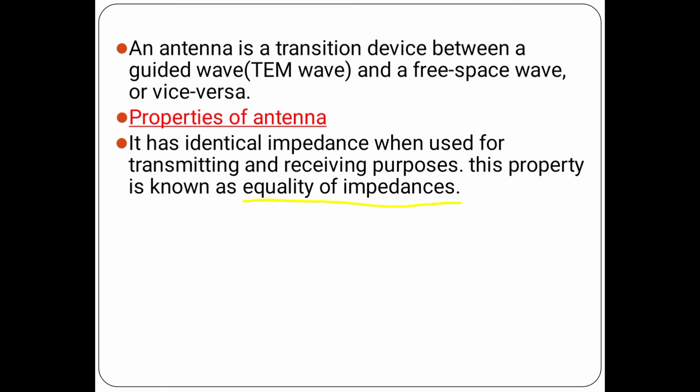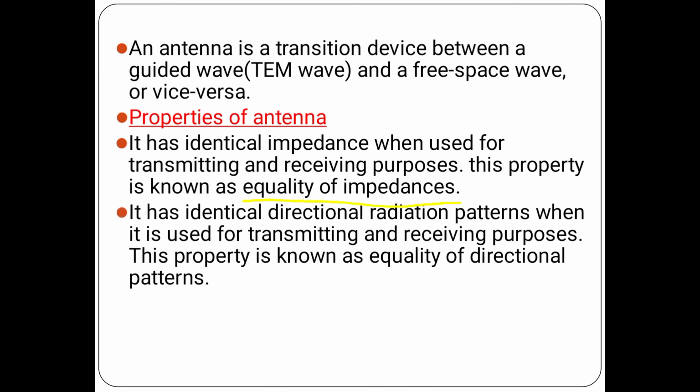Next, it has an identical directional radiation pattern when used for transmitting and receiving. This is known as equality of directional pattern, which means it has the same directional pattern for transmitter as well as receiver.